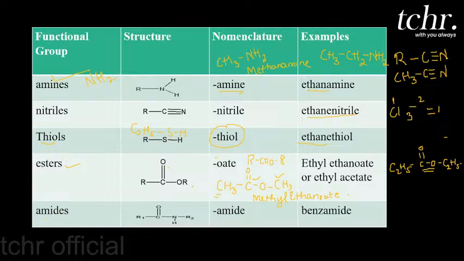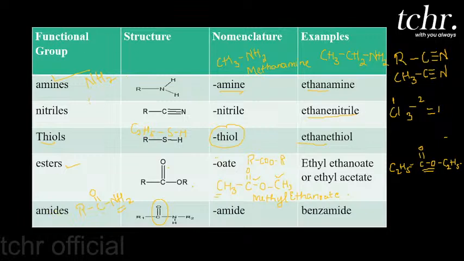It is nothing but the NH2 group attached to a carbonyl group: C double bond O NH2, or CONH2. If the amine group is bonded to the carbonyl carbon, we call it an amide.